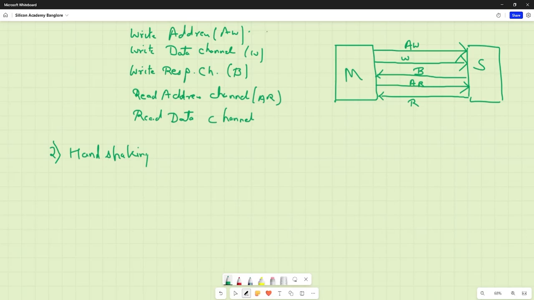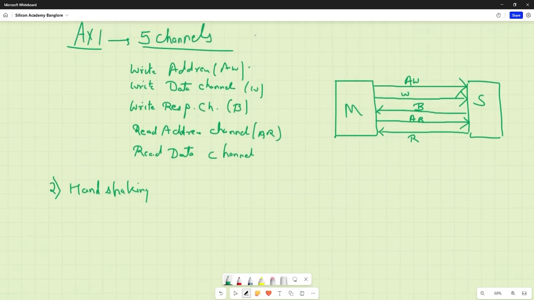What exactly these channels mean is that they are a set of signals. By channel we mean that. So the write address will have a certain set of signals that will get transmitted from the master to slave. Similarly, write data will have a certain set of signals, similarly write response and read address and so on.